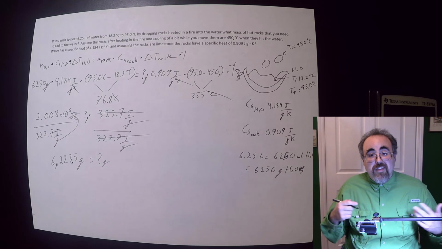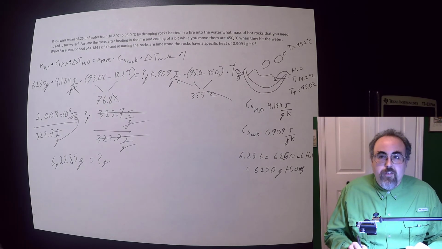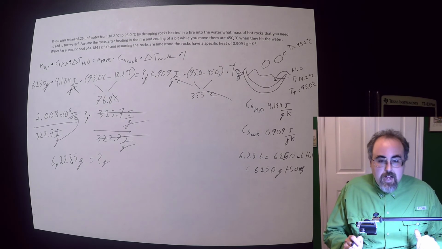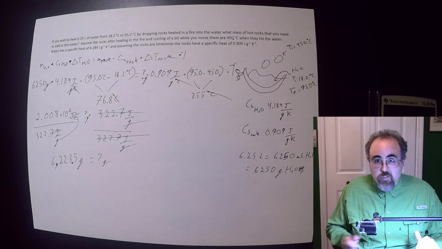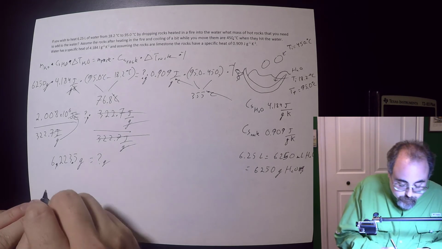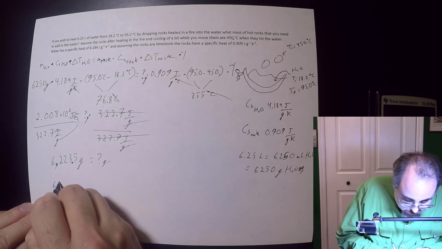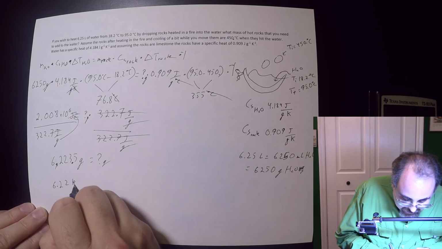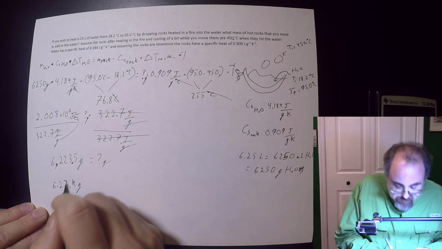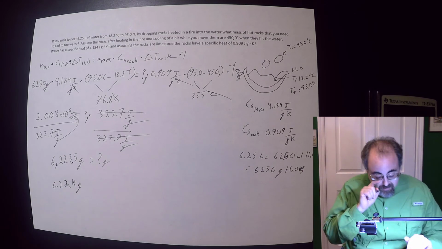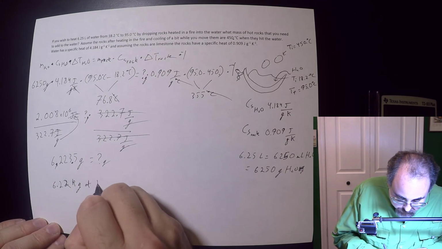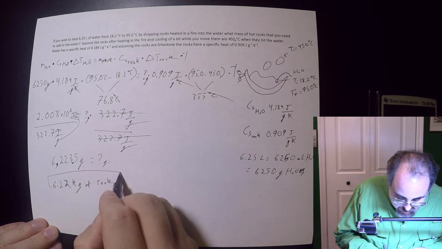Typically, we don't actually use commas. They get too confused with decimal points, especially if you're going across the pond, because there's a lot of European systems which will switch the meaning of the comma and the decimal point. Okay, so this is going to be 6.22 kilograms, because I'm just going to switch this over to 6.22 kilograms of rock. And that is my answer.